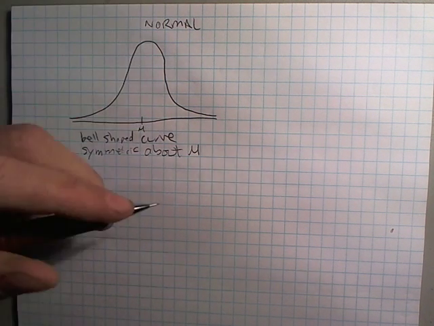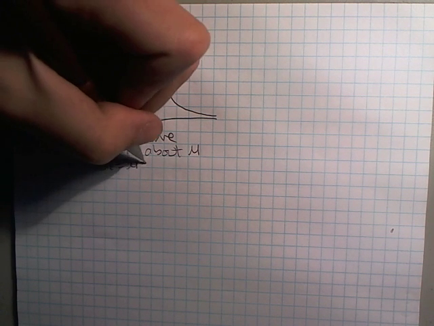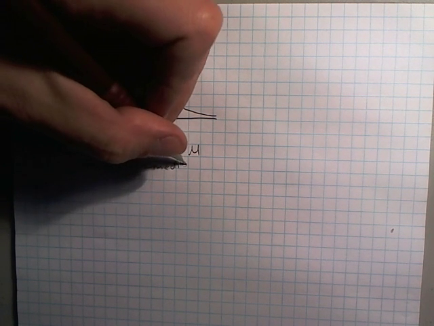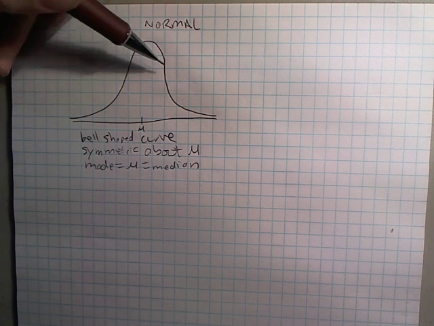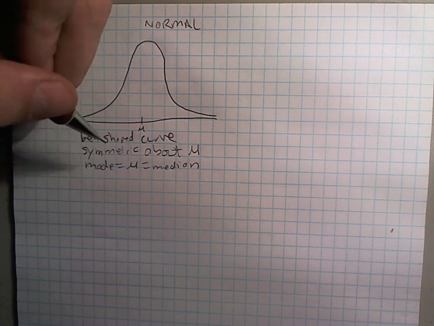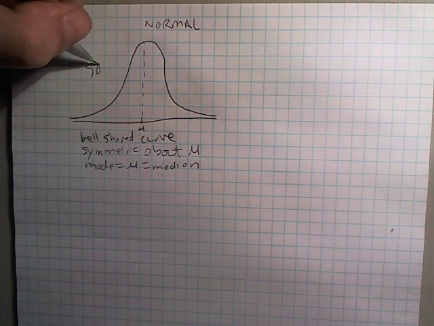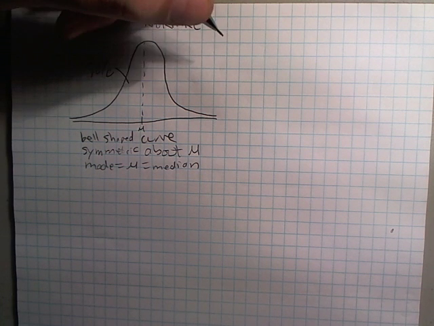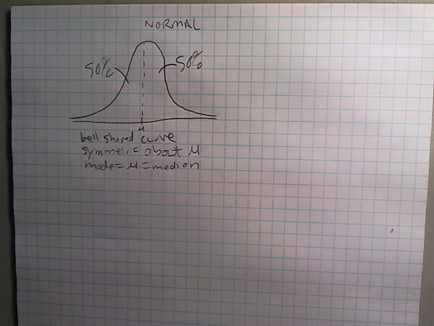So the mean will be right here in the center. The mode will be equal to that mean, which will also be equal to the median. And if we think of the entire area under all of the curve as 100%, then the symmetry will tell us that 50% of that area must fall to the left and 50% must fall to the right.